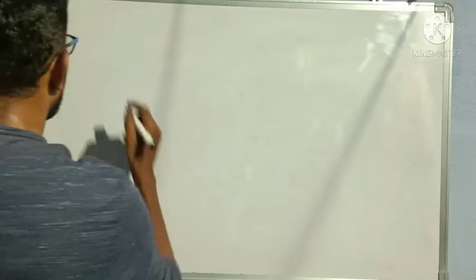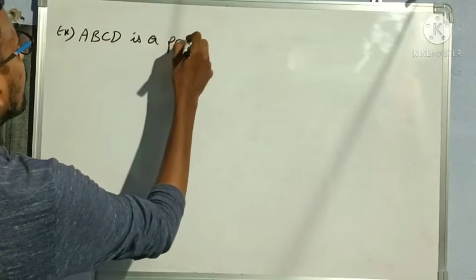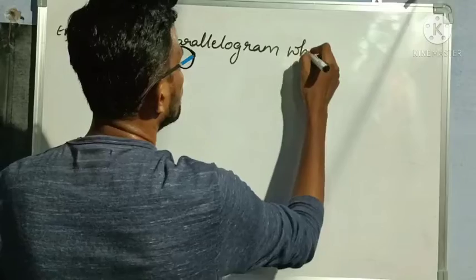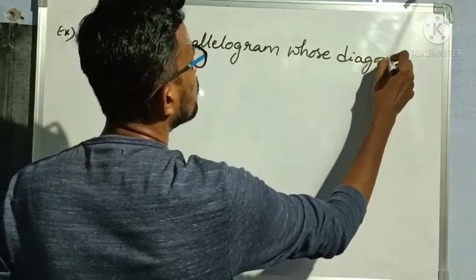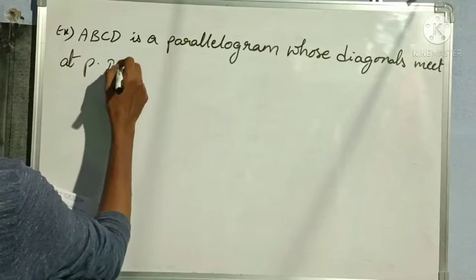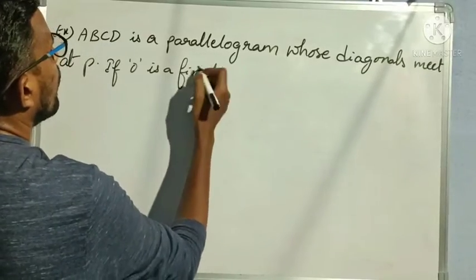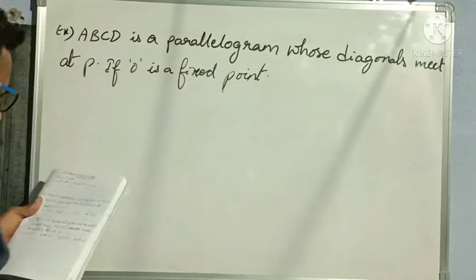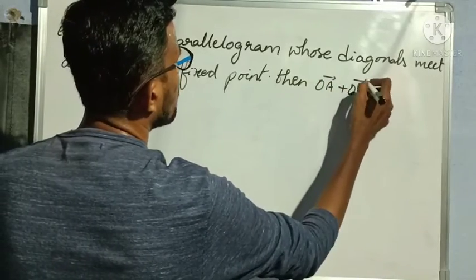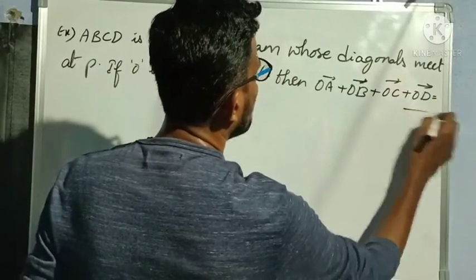So first example: ABCD is a parallelogram whose diagonals meet at P. If O is a fixed point, then OA plus OB plus OC plus OD is equal to dash.